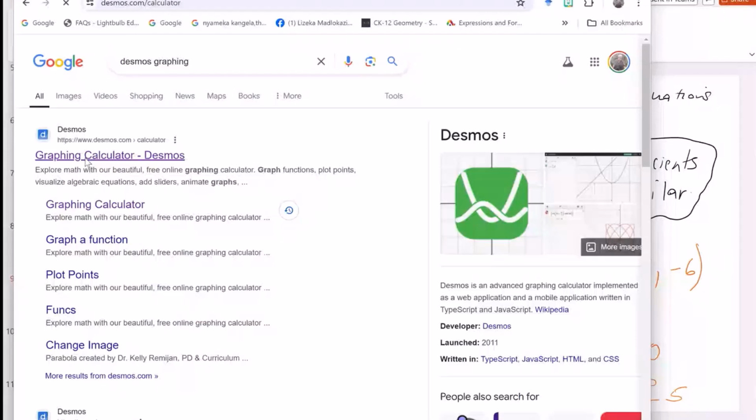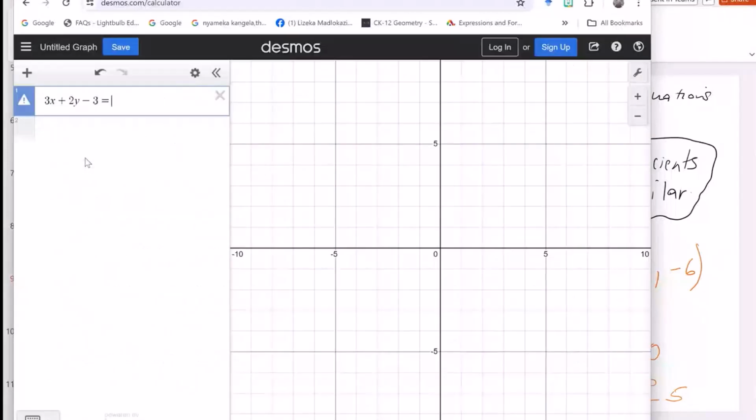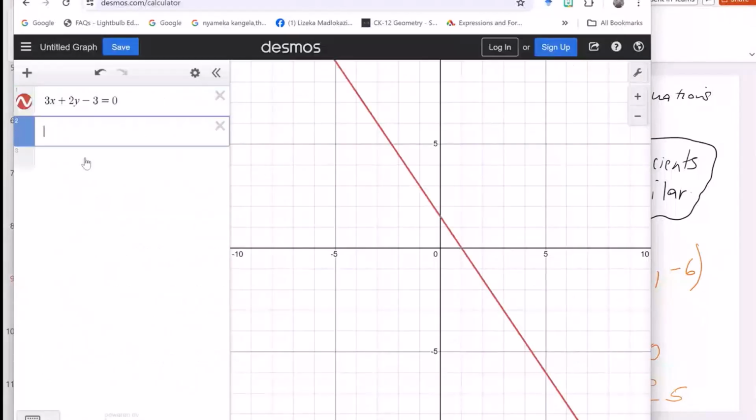You can enter 3x plus 2y minus 3 is equal to 0. That's your first equation. Your second function is x plus y plus 1 is equal to 0.